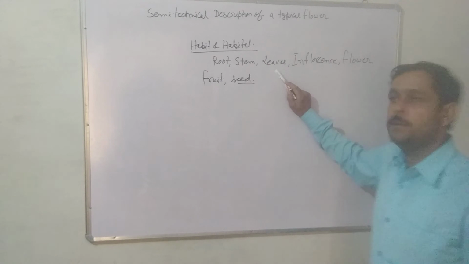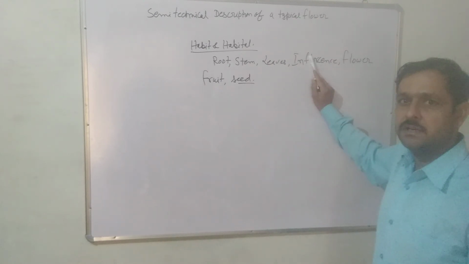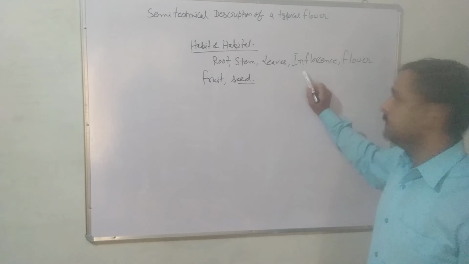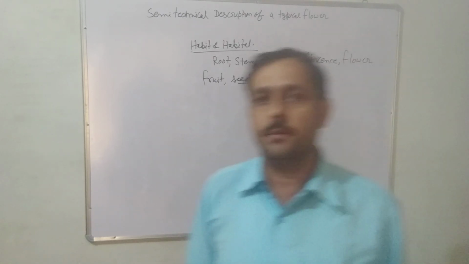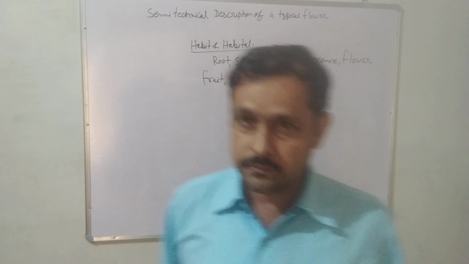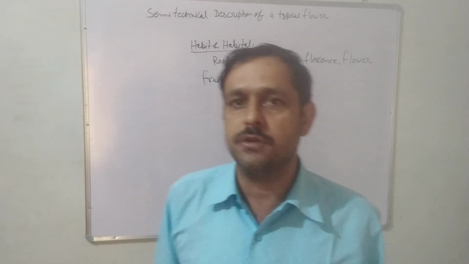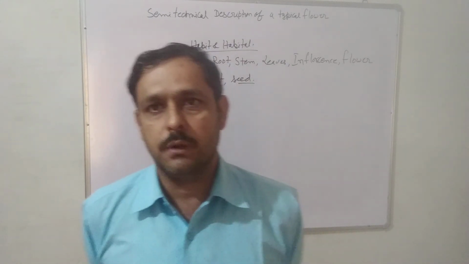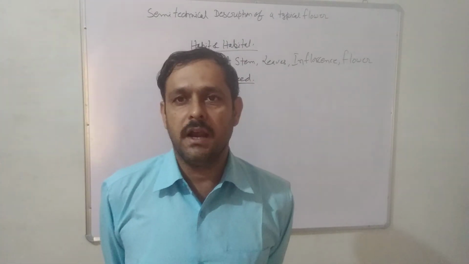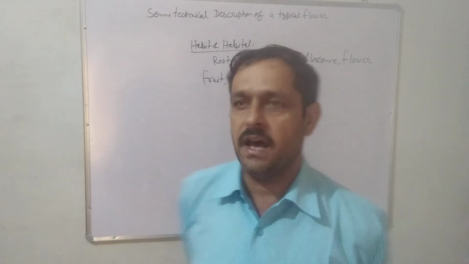Then leaves, simple or compound. Inflorescence is of three types. Then we write the flower type, whether it is actinomorphic or zygomorphic, complete or incomplete flower. Complete means all four whorls are present, a bisexual flower is a complete flower, and a unisexual flower is incomplete, in which only one sex organ is present.